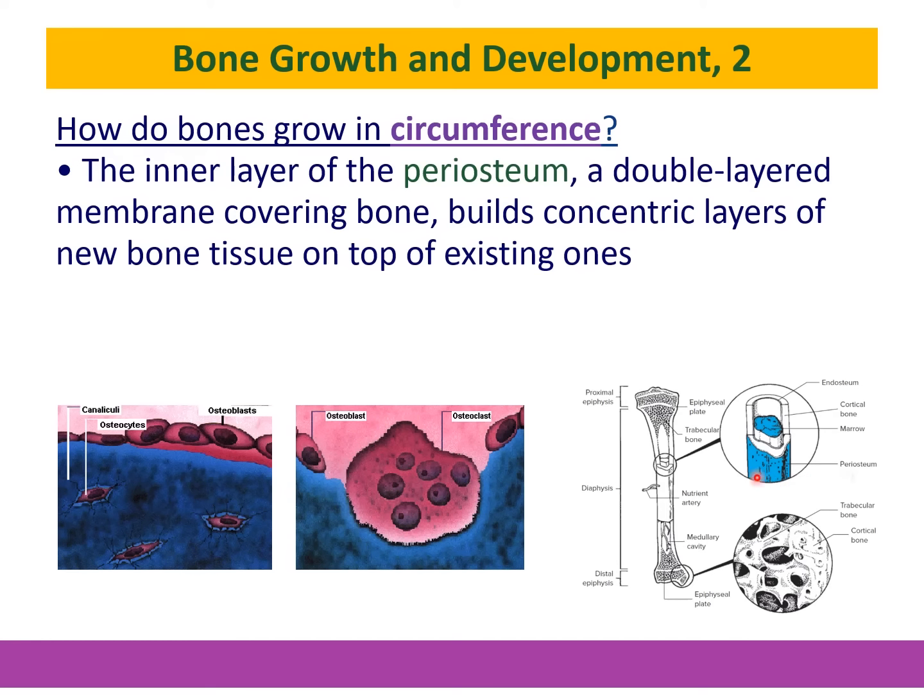This is the blue part of the schematic, and it is a double-layered membrane covering all bones in the body. It builds concentric layers of new bone tissue on top of existing bone along the circumference. That's how we get larger and larger in the diameter of the bone, because of the periosteum.